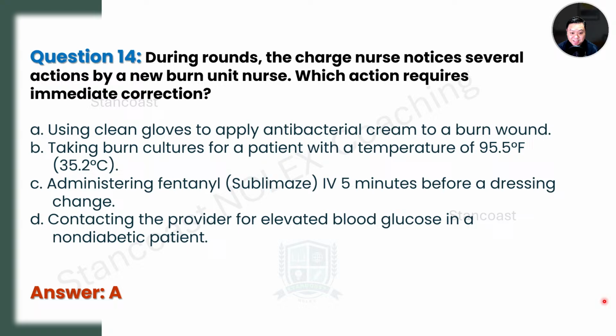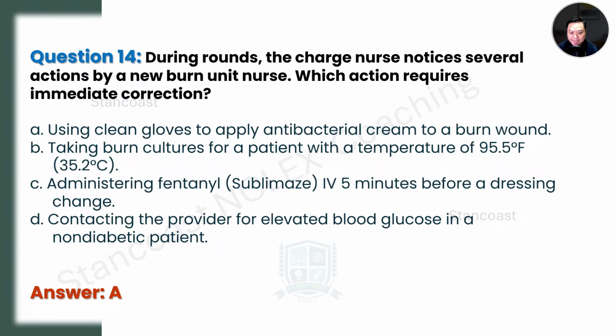And we need to also report that, but it's not going to be the erroneous action. This is an action that reflects proper communication to the medical provider whenever there is elevation of the blood sugar. Okay, so we are selecting the wrong action committed by the brand new burn unit nurse.